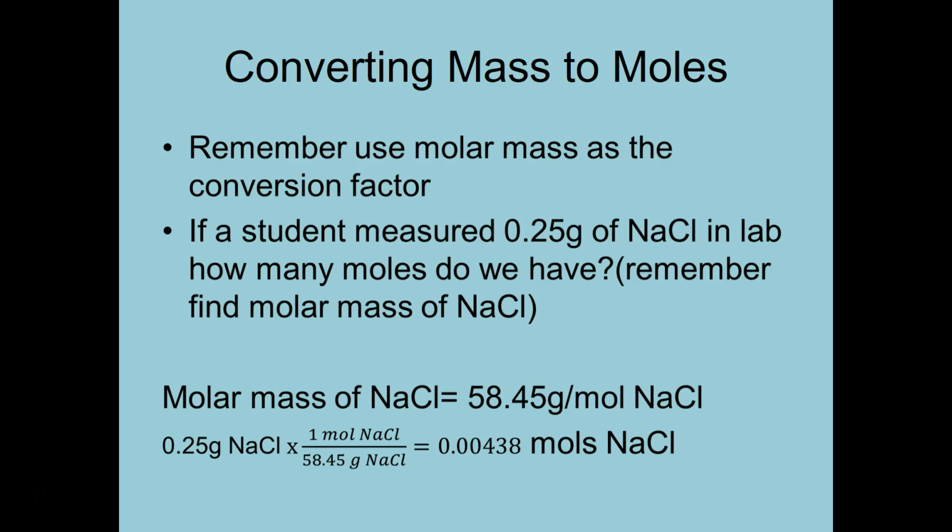So this time, that means we're going to flip the conversion factor. We need grams to be on the bottom, so grams can cancel out. So we have 58.45 grams of sodium chloride under 1 mole. Same deal as last time. This time, we're going to take 0.25 and divide it by 58.45 because it's on the bottom. And that's going to come out to 0.00438 moles of sodium chloride.